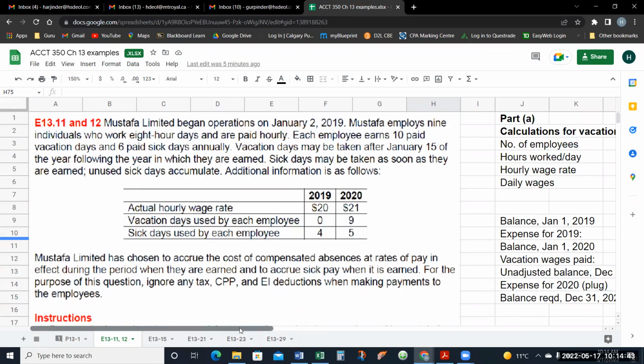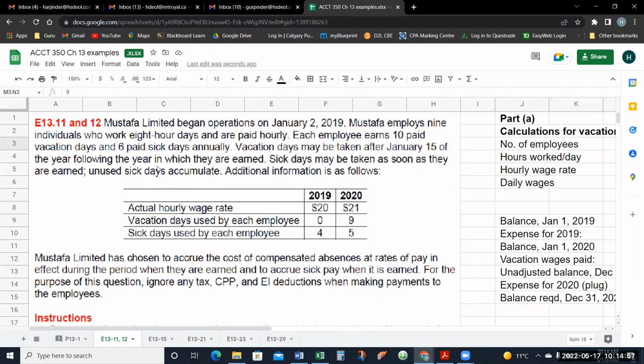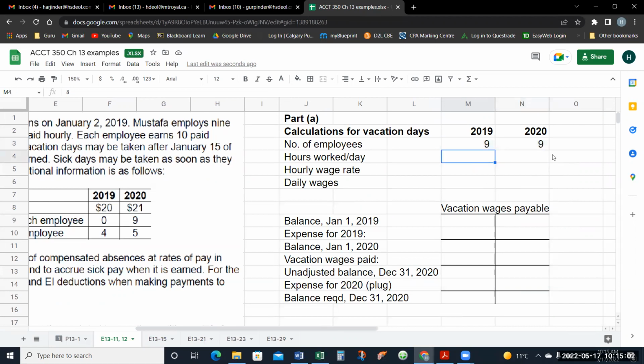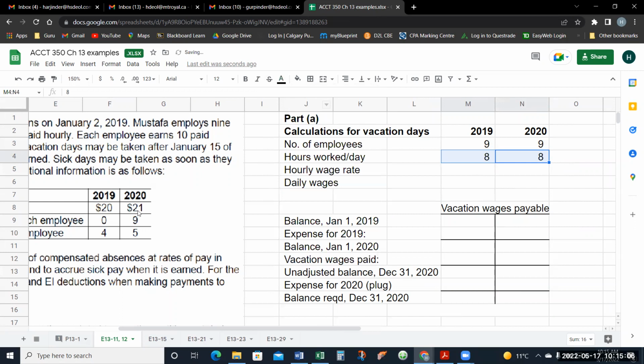All right. So it's a good idea to start off with some calculations. Keep in mind the company has 9 employees, and for each of the years they work 8-hour days. In the year 2019, the hourly rate was $20, and in 2020, the hourly rate was bumped up to $21.